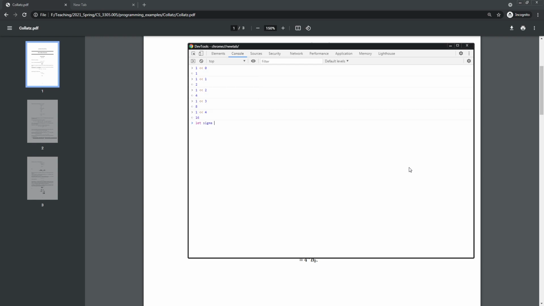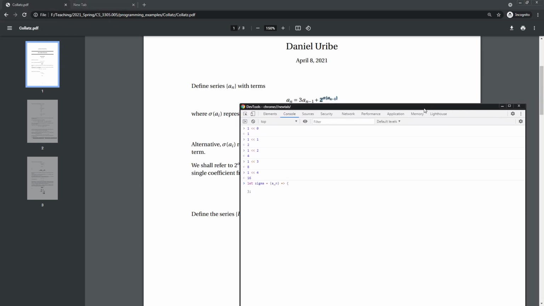Sigma takes as input the previous term, and then it attempts to find this value, this most significant common divisor.